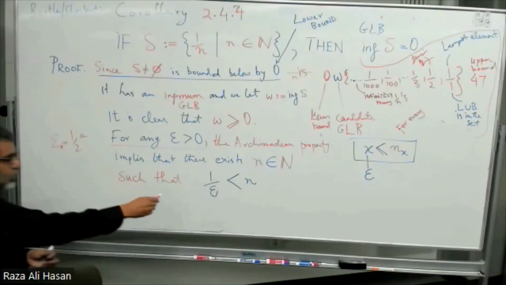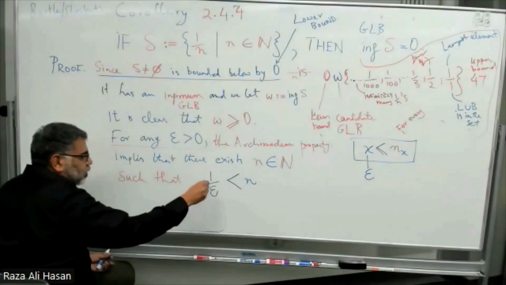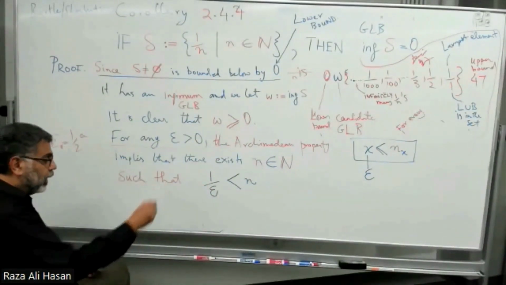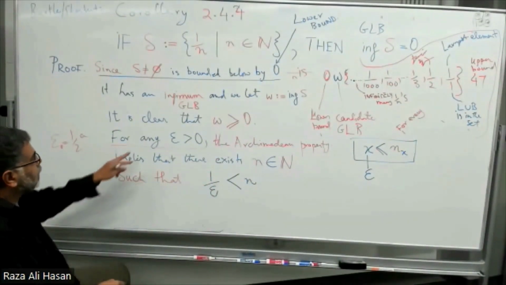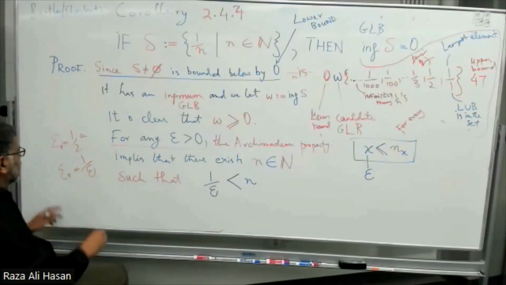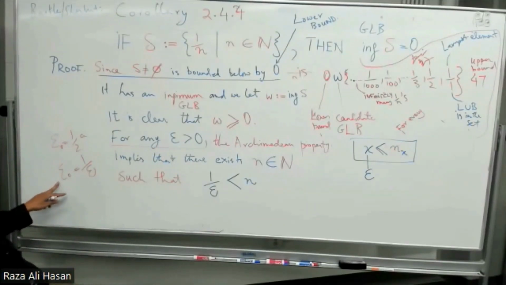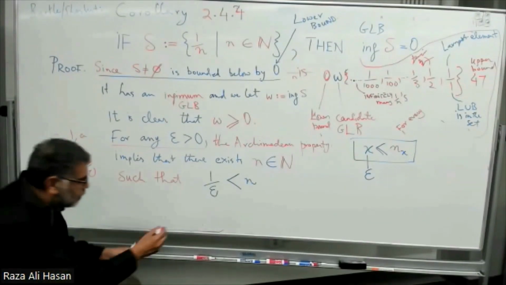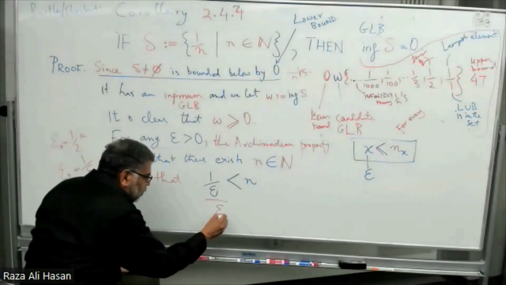This is our new epsilon. You can say our new epsilon zero is 1 over epsilon. So this in fact is another epsilon.